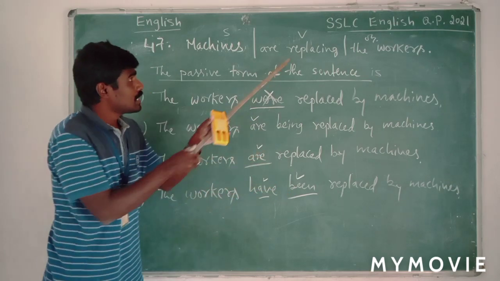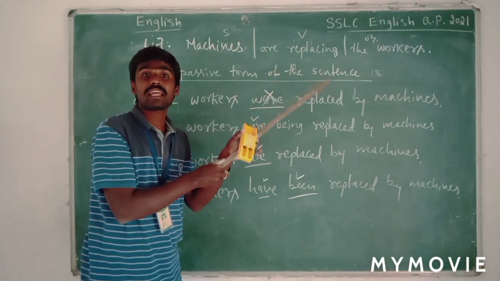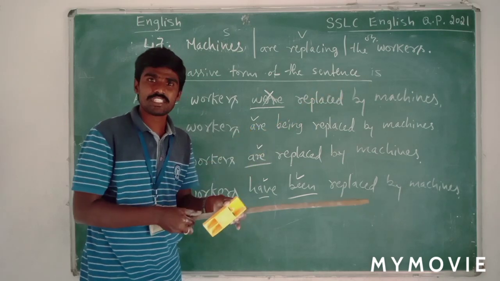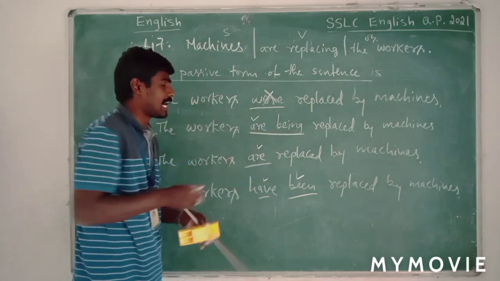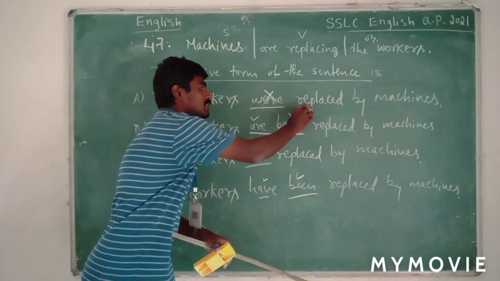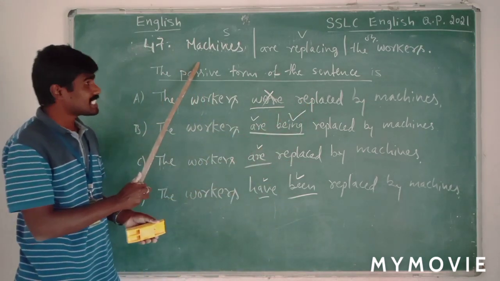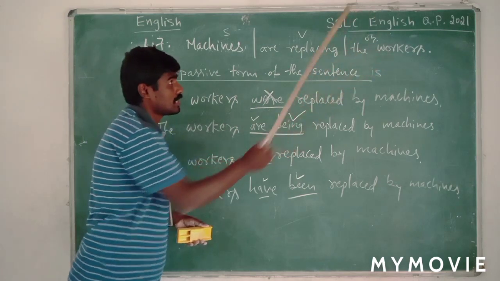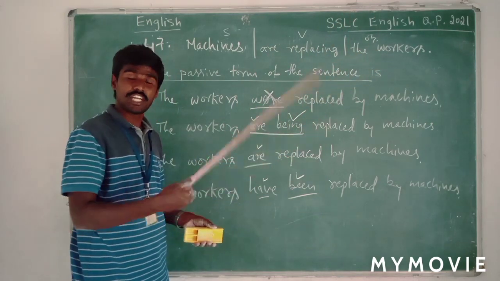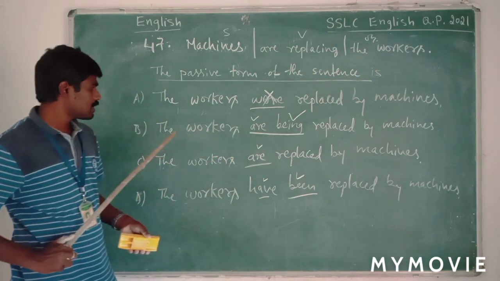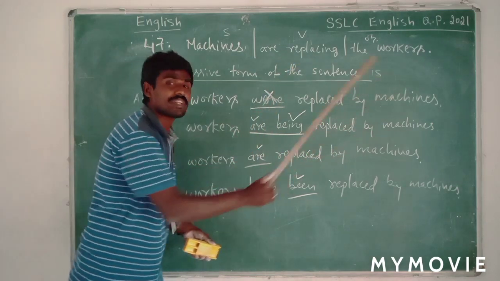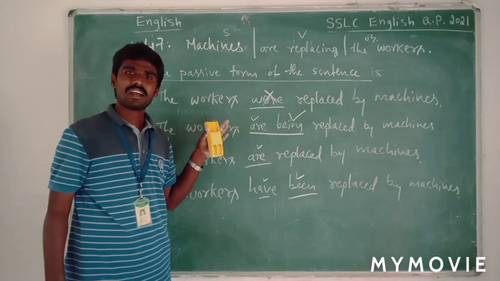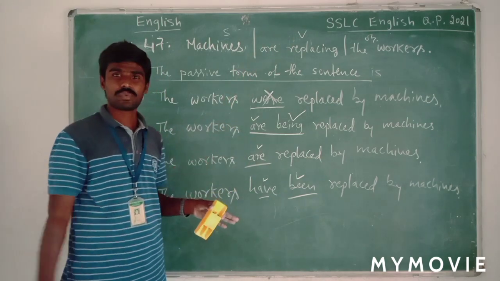But whenever the sentences are in continuous tense, I told you to use being. So since this sentence has being, this is the correct option. So the machines are replacing the workers is changed into passive voice as the workers are being replaced by machines. This is the correct answer to this question, right?